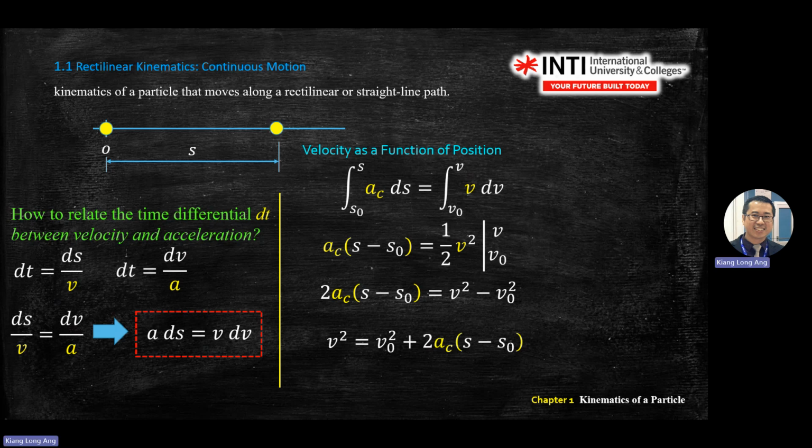The third equation: v squared equal to v naught squared plus 2a_c, and again, I'm lazy, I put delta s. Delta means change of position. So these three equations are important for your test 1, question 1 kind of question, or maybe question 2, and final exam question 1 kind of question.